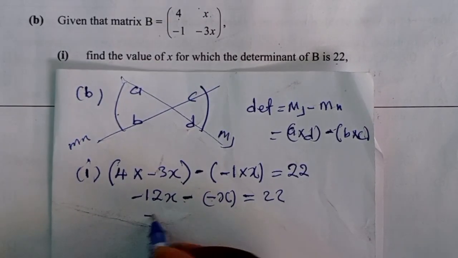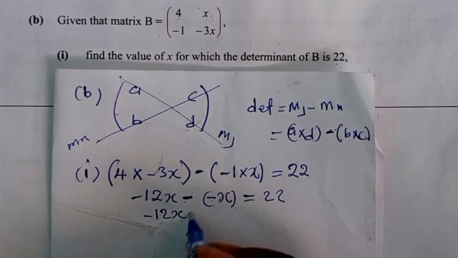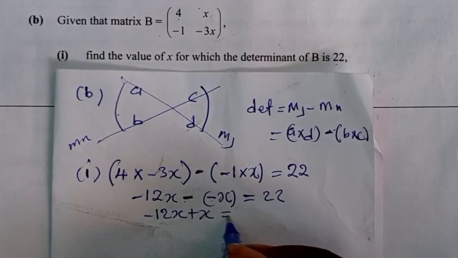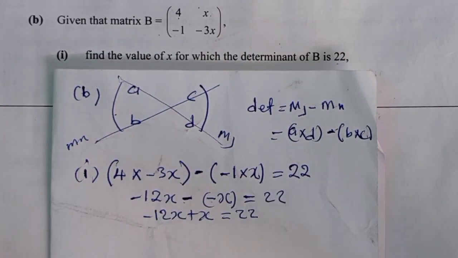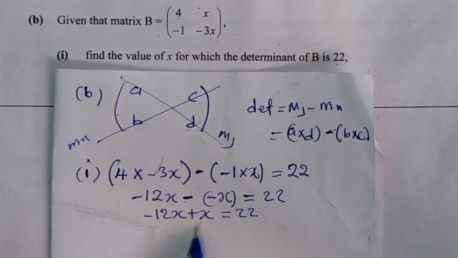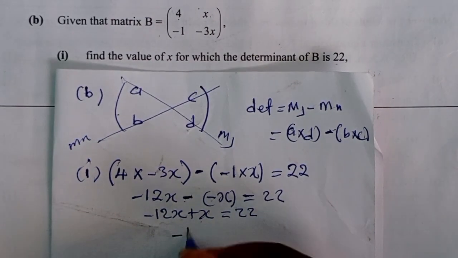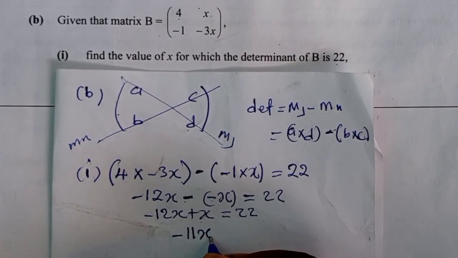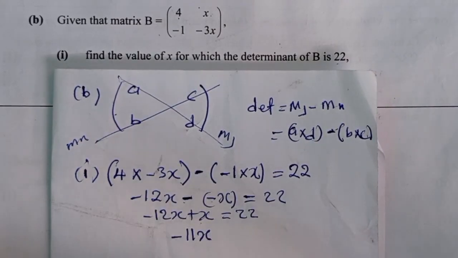So -12x plus x equals 22. -12x plus x, the answer is -11x. Remember, this is paper 2, you'll be required to use a calculator. If you are not sure, -12 plus 1, just go on the calculator and it will give you -11.